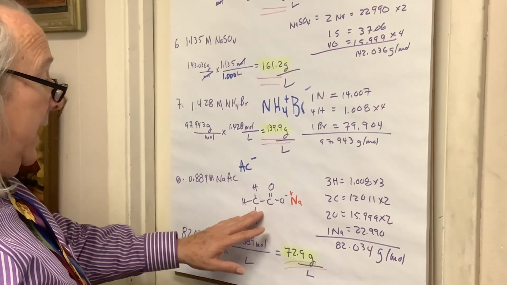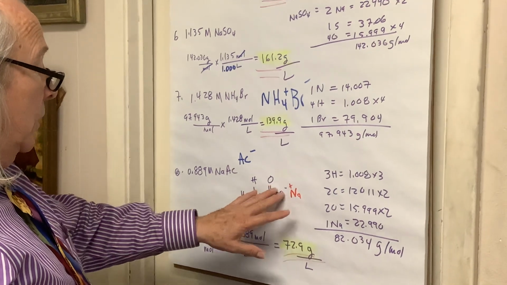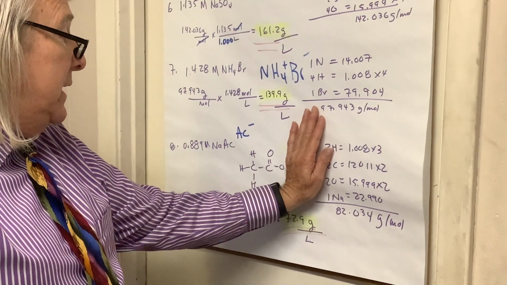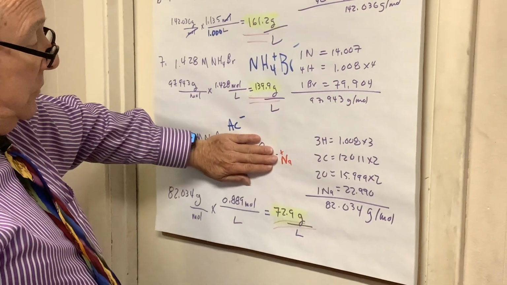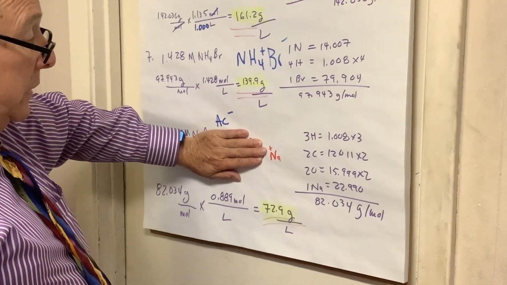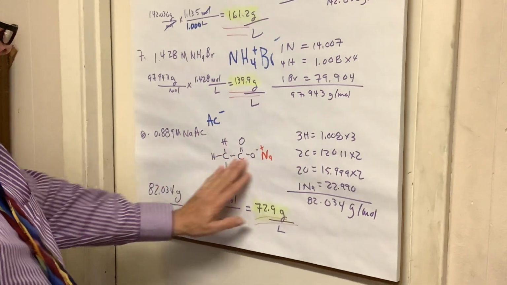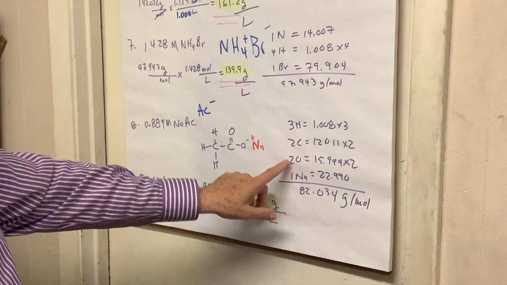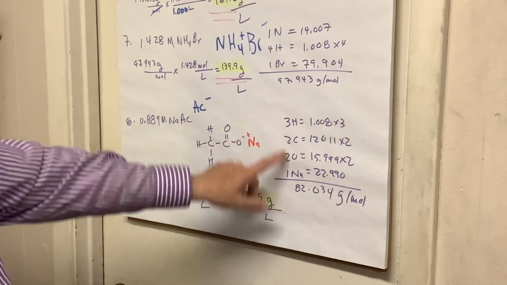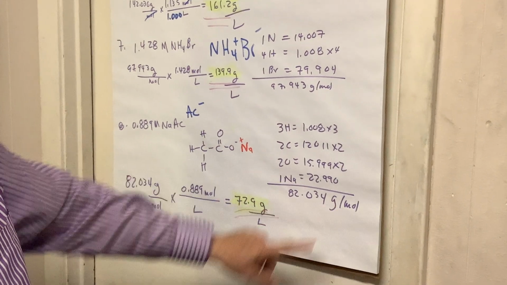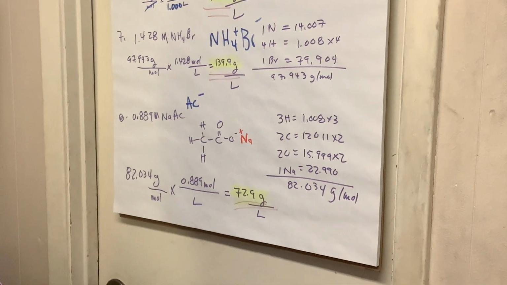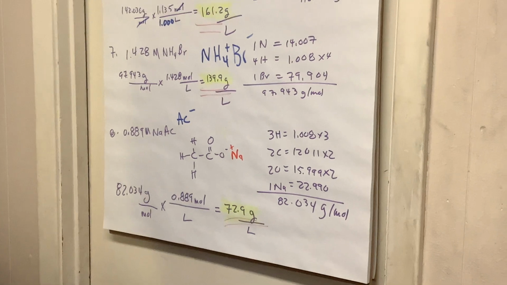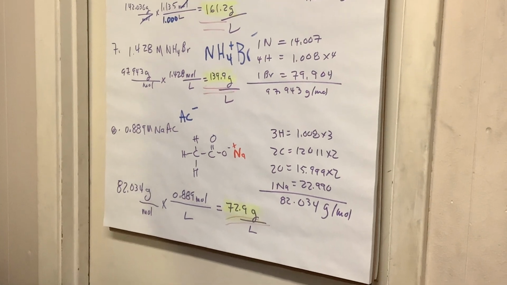I know that that is C2O2H3 minus. That's the acetate anion, which combines with the sodium cation to form sodium acetate. So I have 1 sodium, 2 oxygens, 2 carbons, 3 hydrogens.